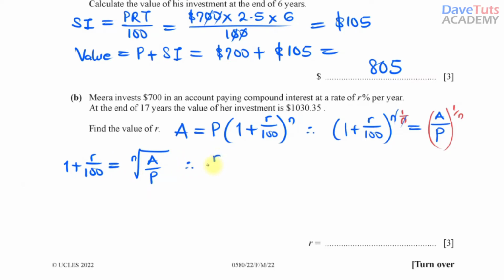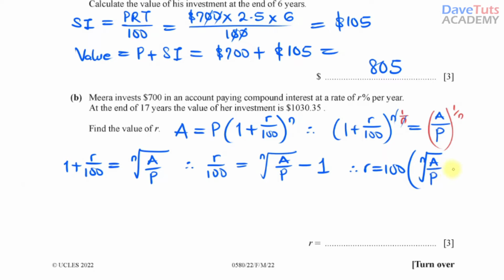So r over 100 can be, subtracting 1 from both sides, the nth root of A over P minus 1. Okay, so r itself from here can be 100 multiplied by the nth root of A over P minus 1. Okay, so this is what I need to put into my calculator now.